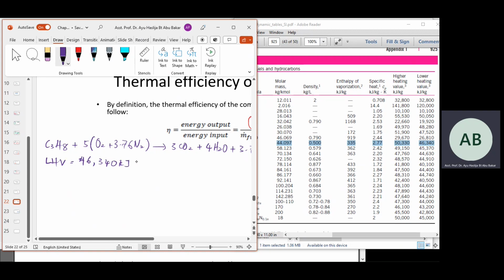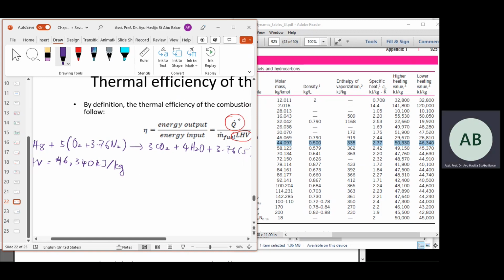The Q that you calculated earlier, the unit that we always use is what? Kilojoule per kilomole.